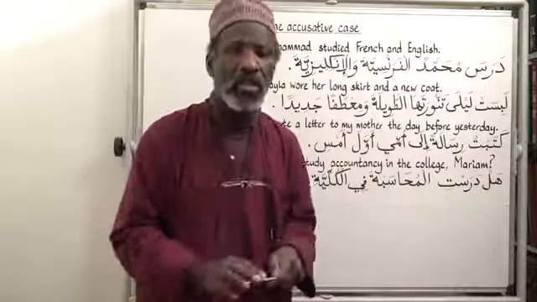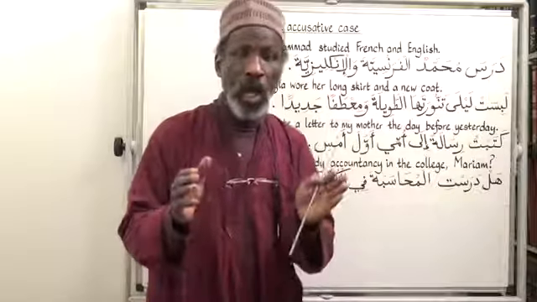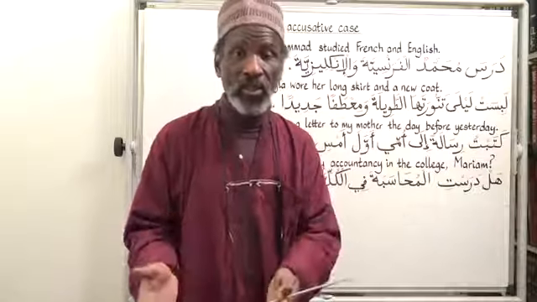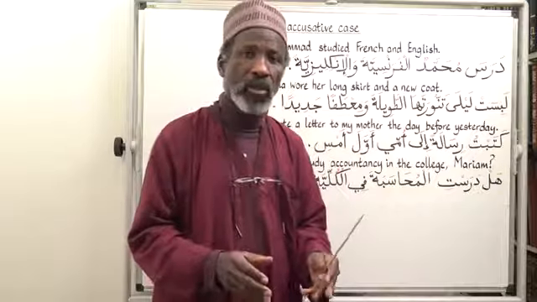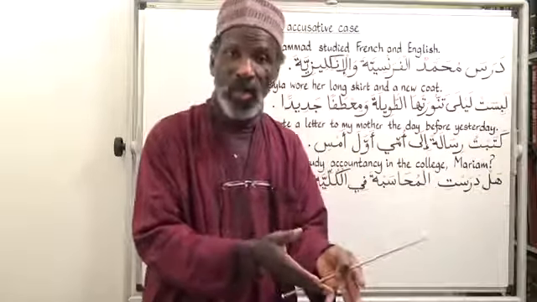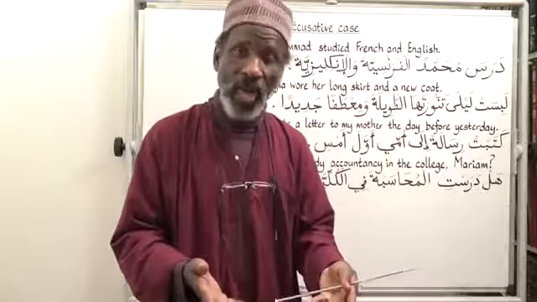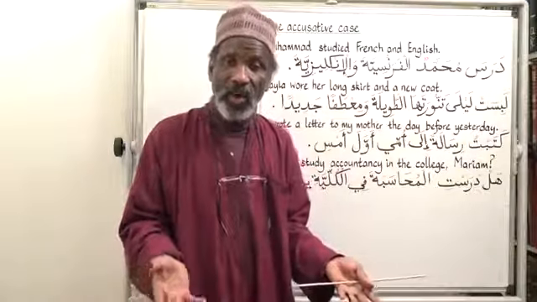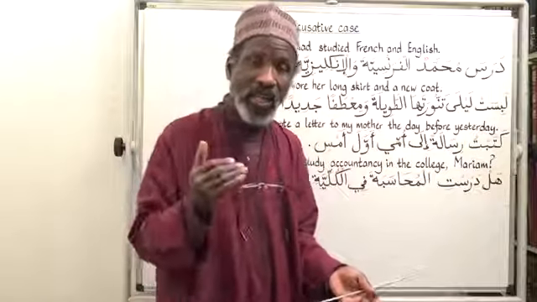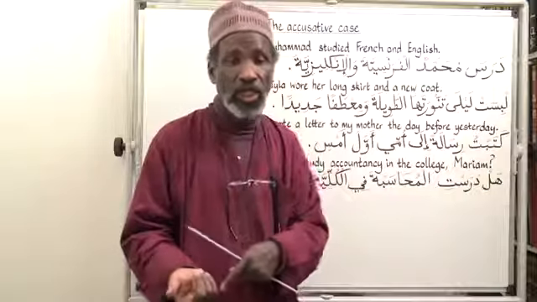To put it in a very simple way, you have an offense, that's the action. You have a criminal who is the doer, that's the subject of the offense. And then you have the victim, and that is the object. So the object is really at the receiving end of the action carried out by the subject.